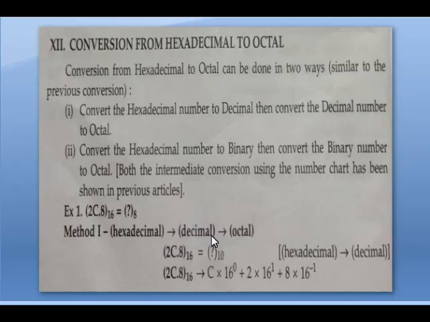So how do we convert a hexadecimal number to a decimal number? We already know a hexadecimal number means the base is 16, so multiply each digit by the base raised to a power that increases by 1, for the integer part from left to right, and for the decimal part from right to left.